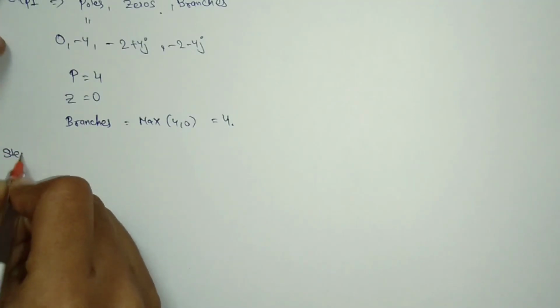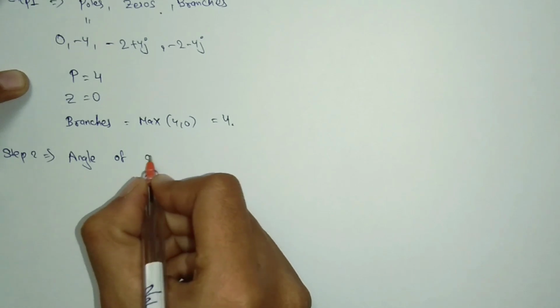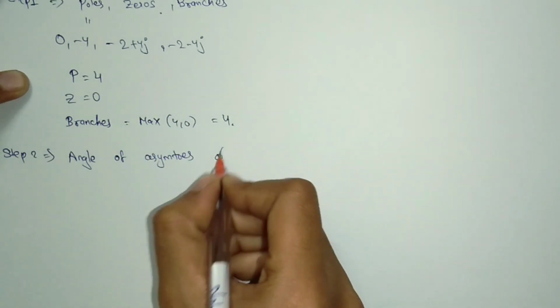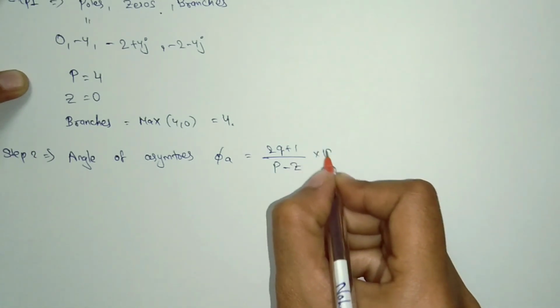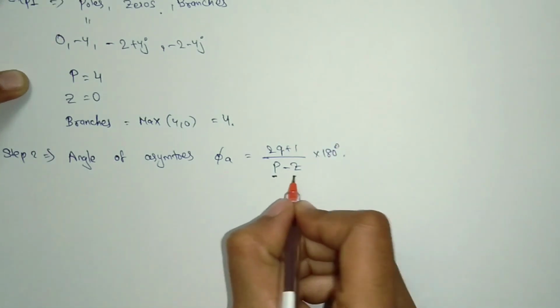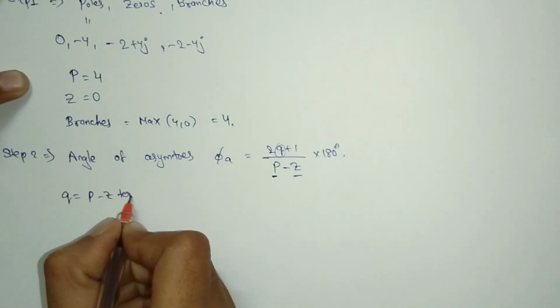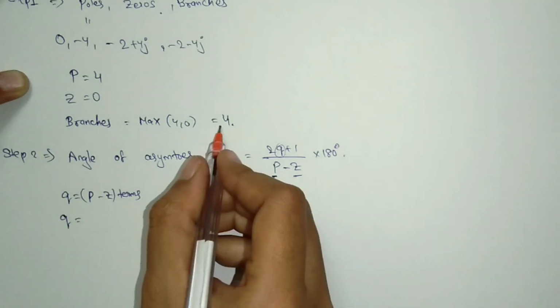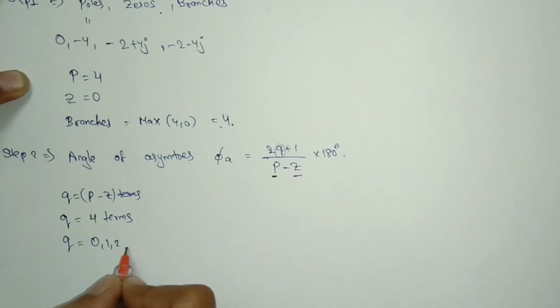Now for step 2, we are going to calculate the angle of asymptotes and the centroid. This is denoted by phi a, and the formula is (2q plus 1) by (p minus z) into 180 degrees. So we know what p is, we know what z is, and we don't know what q is. q goes over p minus z terms from 0, so q has 4 terms, that is 0, 1, 2 and 3.